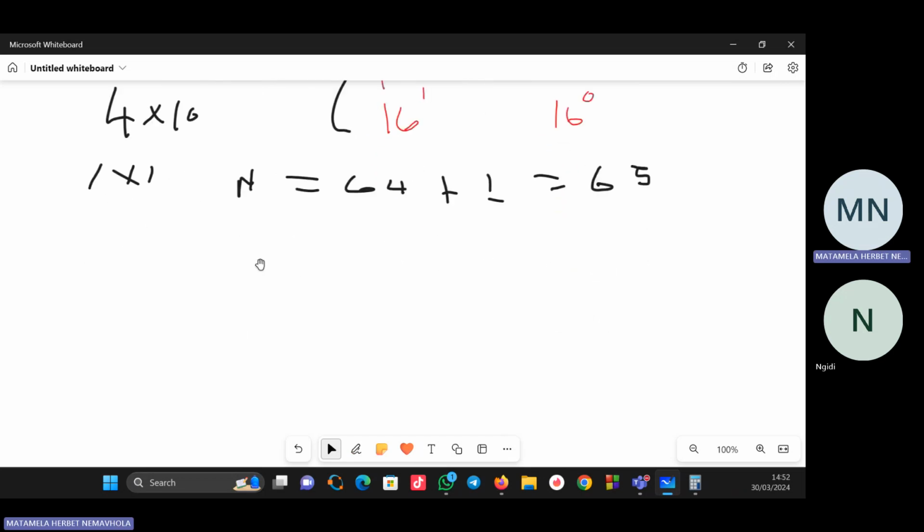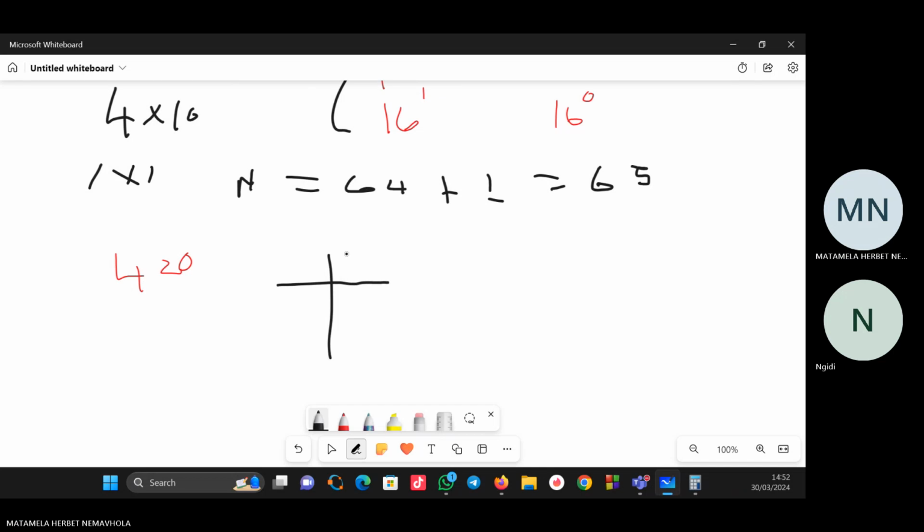So sometimes you can have a number which is higher. Let's say, for example, you have 420. I'm just using this number randomly. Let's work it based on hexa, with 16.